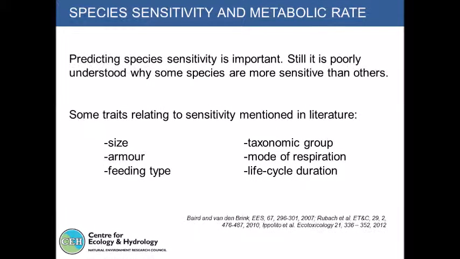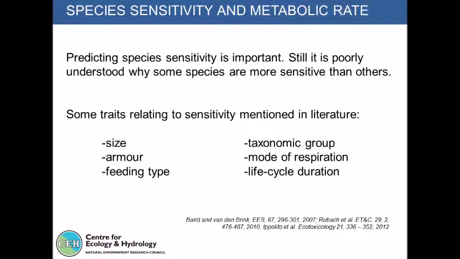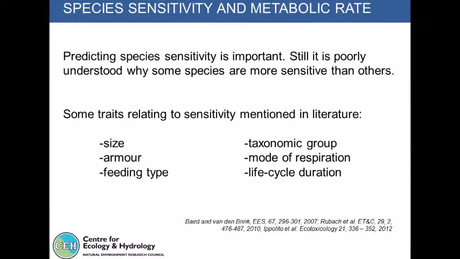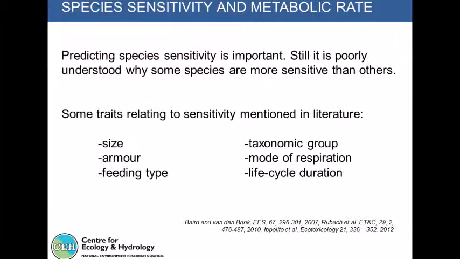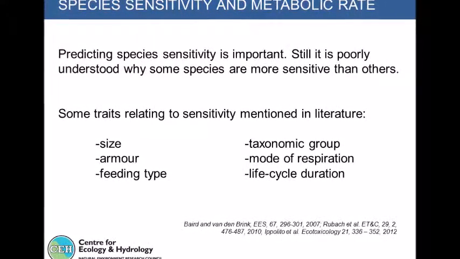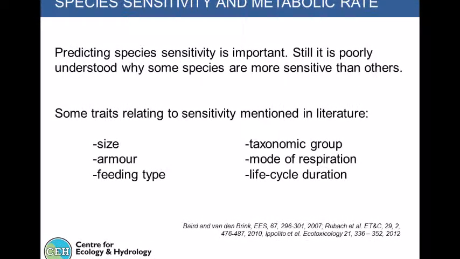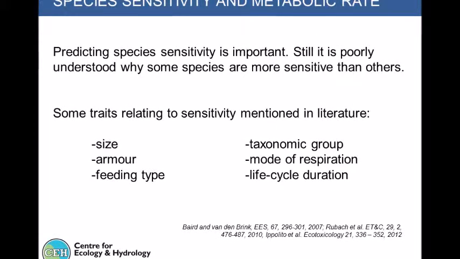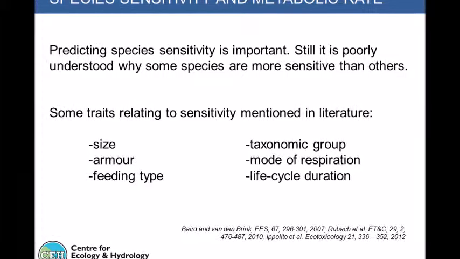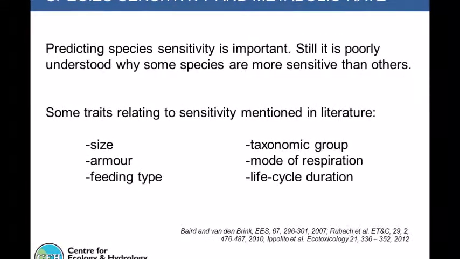Some traits that people related to sensitivity of species, and that are mentioned in literature, are size, armor, feeding type, mode of respiration, life cycle duration, and something I found quite interesting that's not here: the elaborateness of the nervous system. And something that was mentioned several times is metabolism. But no one, for reasons I don't know, tried, and we did.